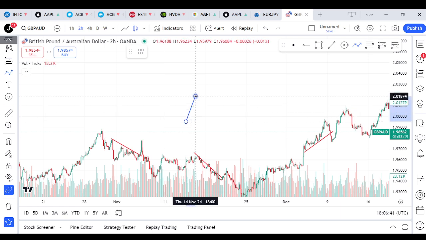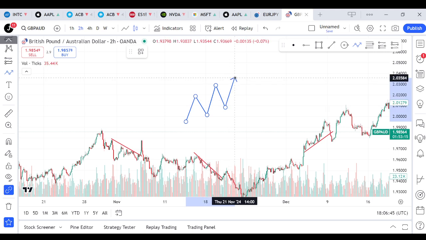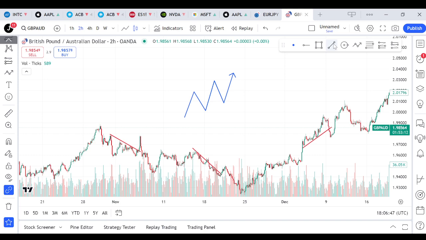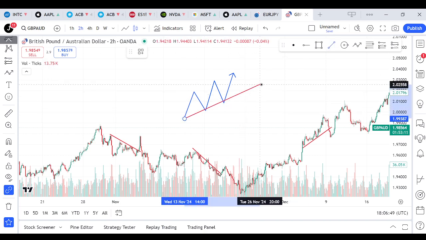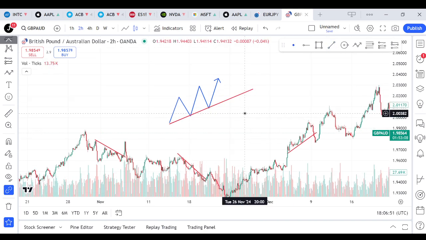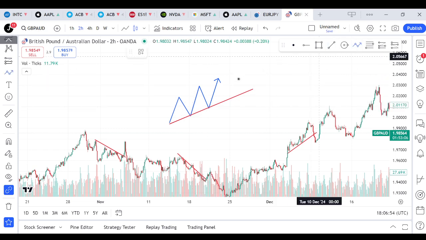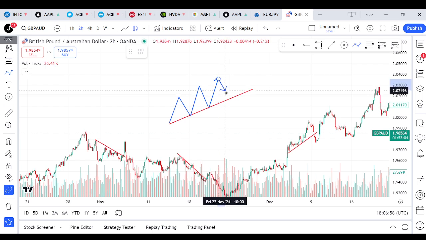For example, this is a bullish trend. This bullish trend right now has formed a key trend line or a key support. Now we expect this market to pull back into the trend line and continue to the upside. So instead, the market does something like this, and a candle comes below this trend line and closes.